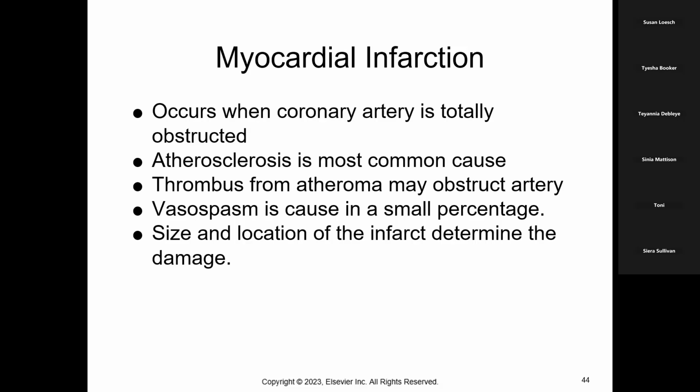If there's damage to those right coronary arteries, you're at high risk for having an arrhythmia. Also, the most common cause of death within an hour of an MI is an arrhythmia, but not just any arrhythmia, VFib or VTach usually.